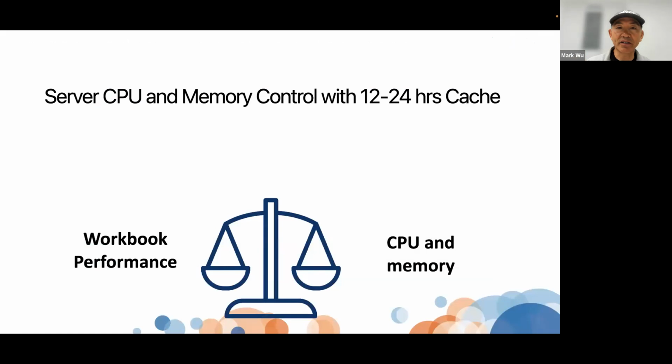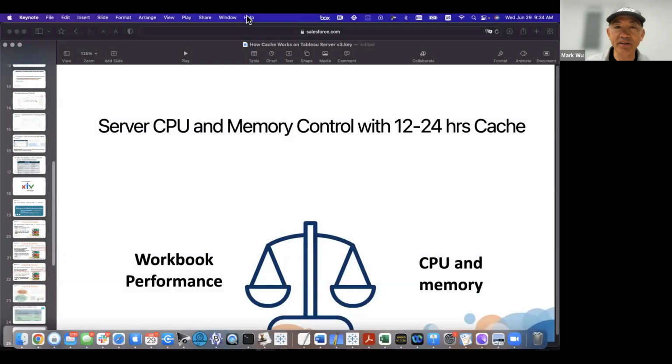Let me answer a few other quick questions before I talk about the memory CPU setting on the server. Sorry, I may have missed the information for row level security workbook. How does the cache work? For row level security workbooks, there's no cache.